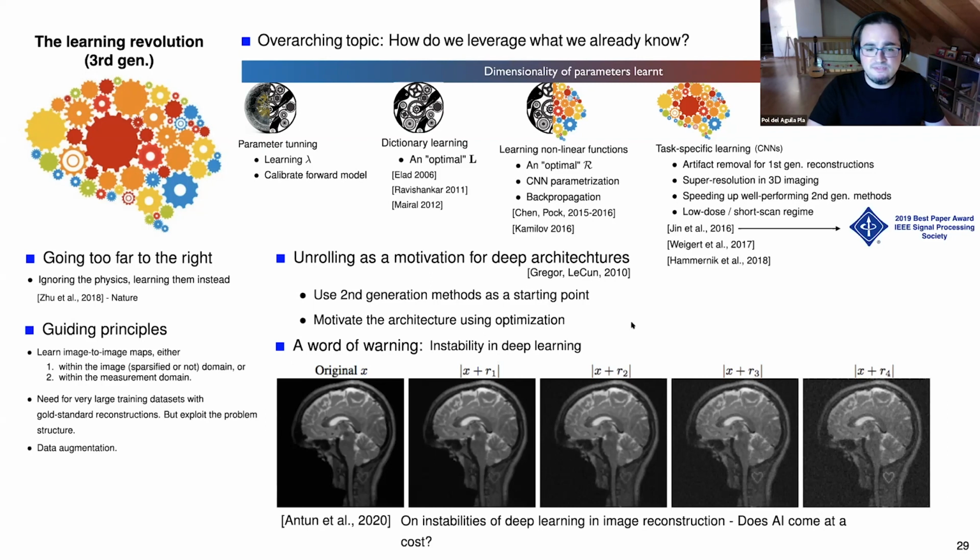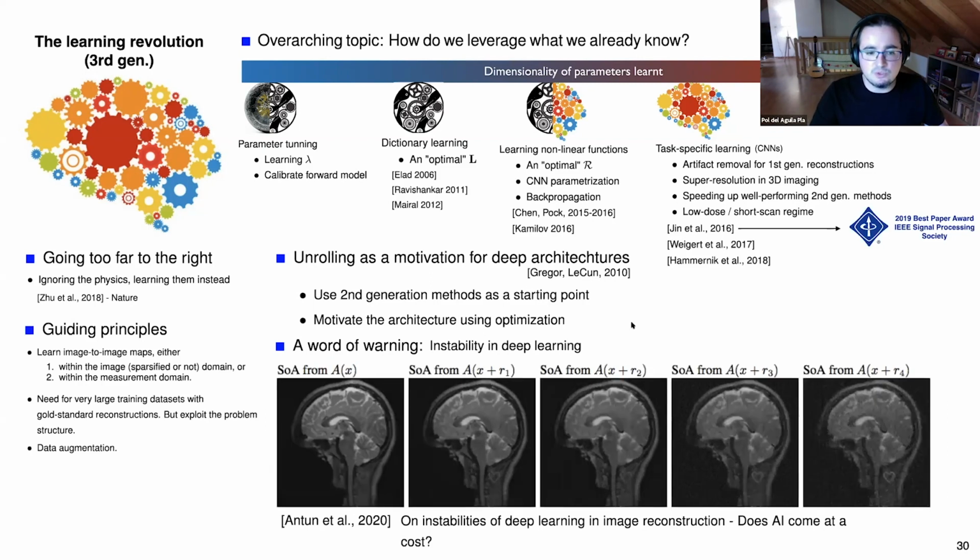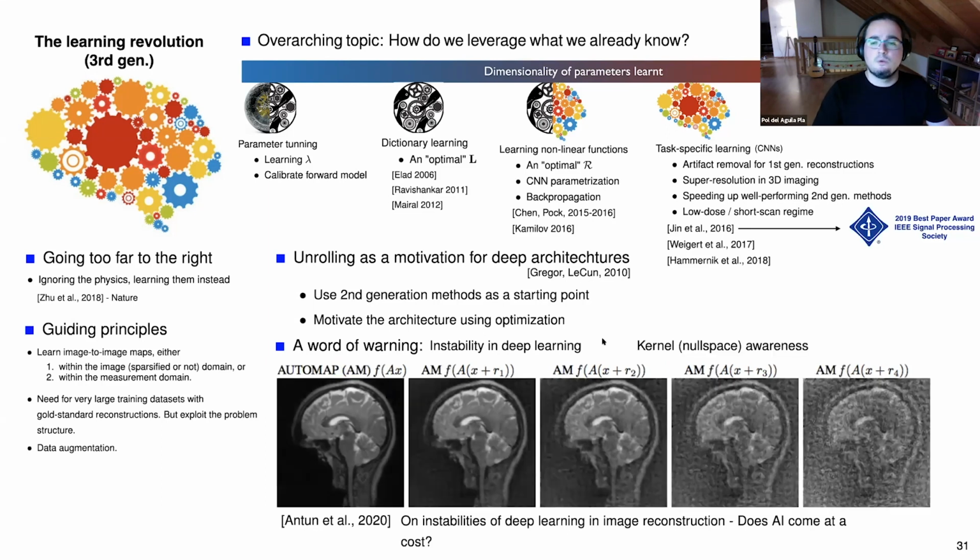Then what happens if you try to reconstruct that image using state-of-the-art algorithms? Well, basically the differences are also almost irrelevant to the eye. But what happens if you try to do the same thing with a convolutional neural network that has been trained only on clean images? Well, this happens. You completely destroy the reconstruction.